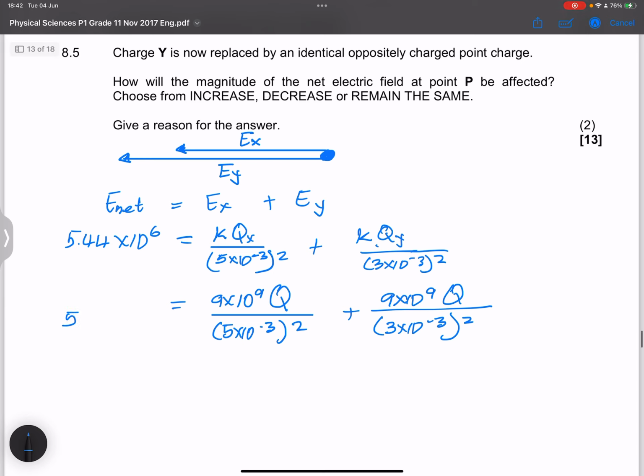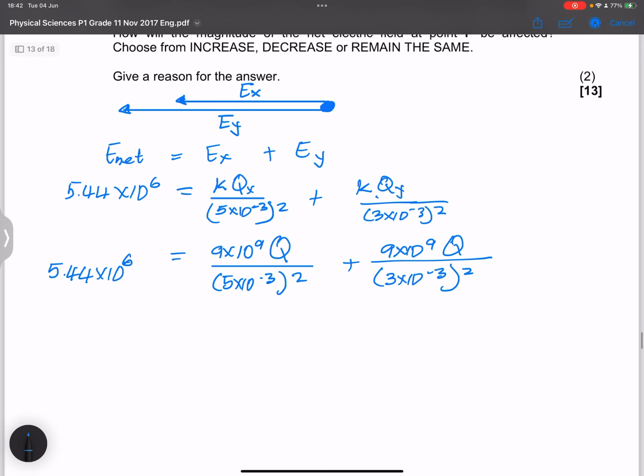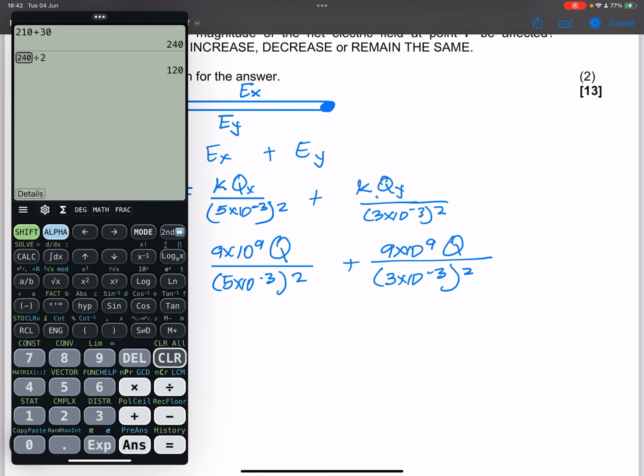Right, so this is equal to 5.44 times 10 to the exponent 6. So we need to find a way in which to add those two together. So let's do that. The first one is 9 exponent 9 divided by 5 exponent negative 3 squared.